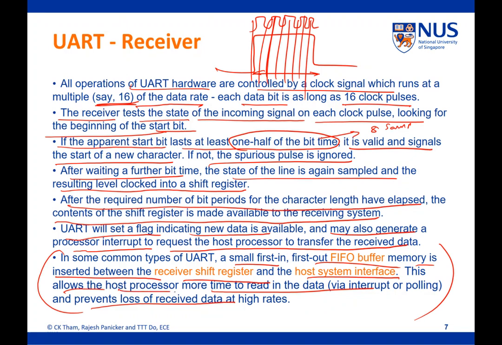So this allows host processor more time to read in the data and prevent loss of received data at high data rates. So if your data comes in very fast, the processor has still some time before it should really read the data, right? So it will go into the temporary storage location, which is what we call FIFO, first in, first out, which is kind of like a queue, just like how you queue in the canteen, right?